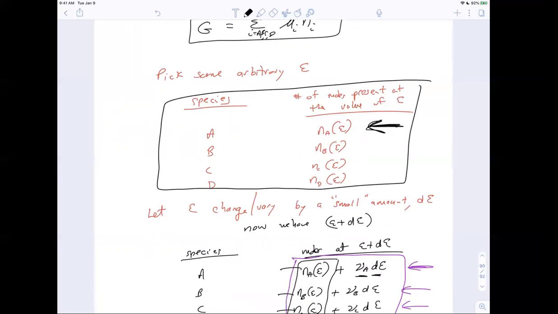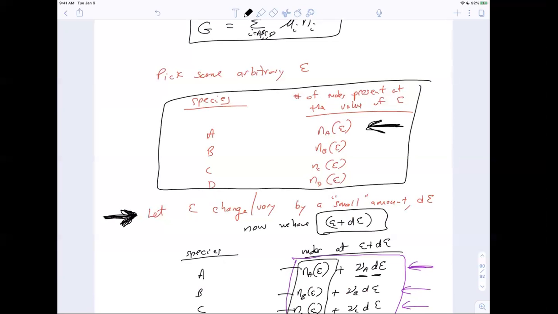And that epsilon in parentheses indicates that we're looking at the moles of that particular species at a particular value of epsilon, whatever epsilon may be. Now we said, all right, let epsilon change by a very small amount. And in this course, that means an infinitesimal amount, a differential amount, d epsilon. So now epsilon is our original epsilon plus d epsilon. Okay, so that's this guy here now.